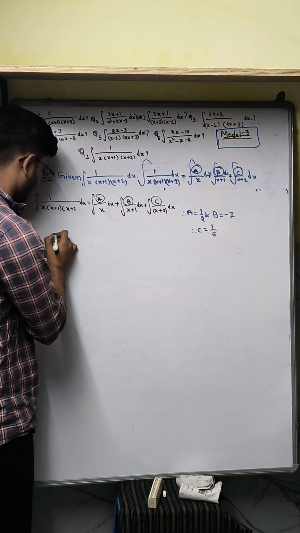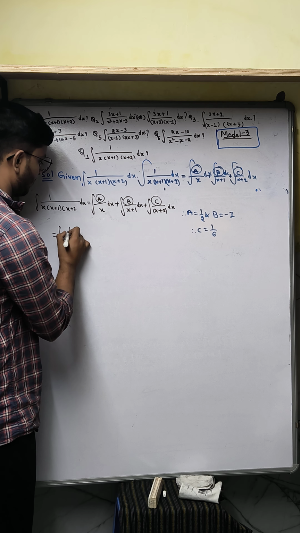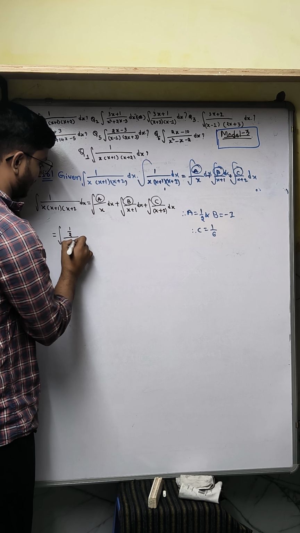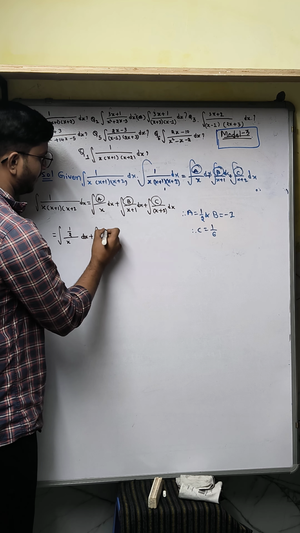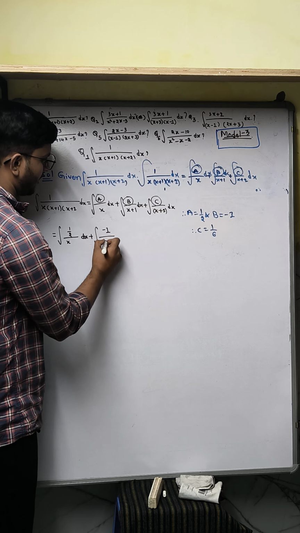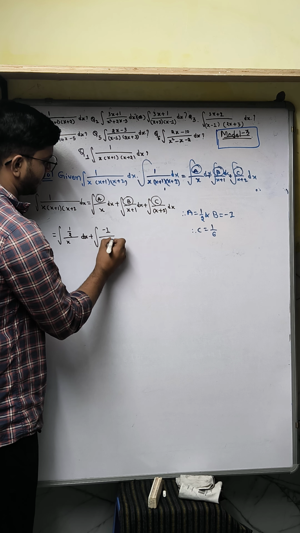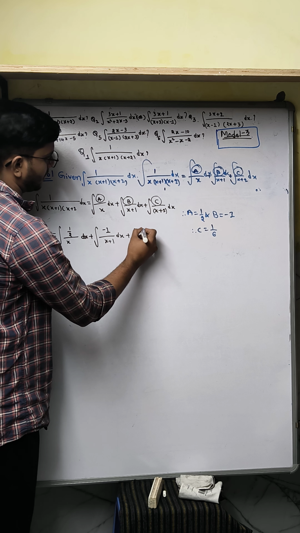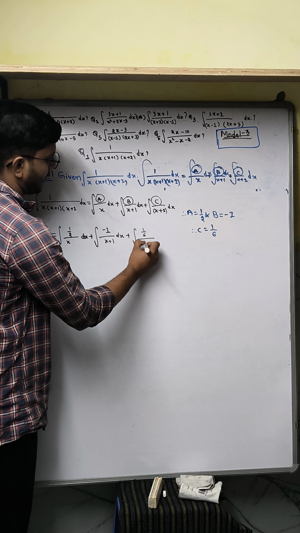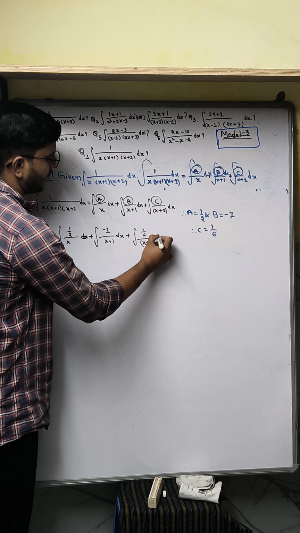Substitute here. a is 1 by 2, so integral (1 by 2) by x dx, plus integral b is minus 1, so minus 1 by (x plus 1) dx, plus c, what is c? 1 by 6, so (1 by 6) by (x plus 2) dx.